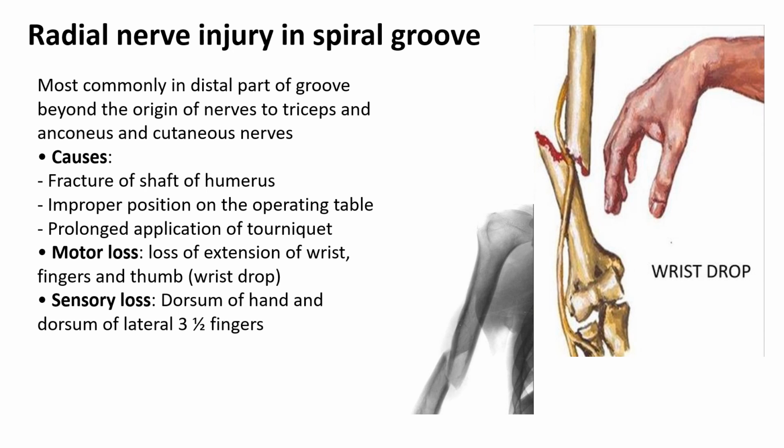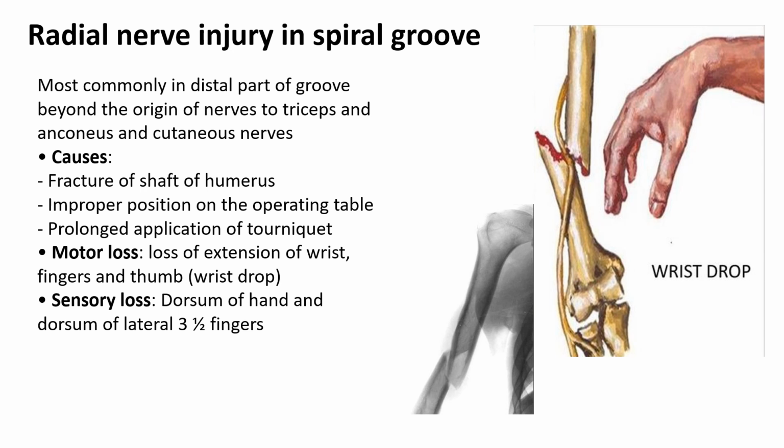Motor loss, we will lose the extension of the wrist and extension of the metacarpophalangeal joints of all fingers due to loss of posterior interosseous nerve function. There will be also a deformity of wrist drop, as we've seen in the nerve injury in the axilla.